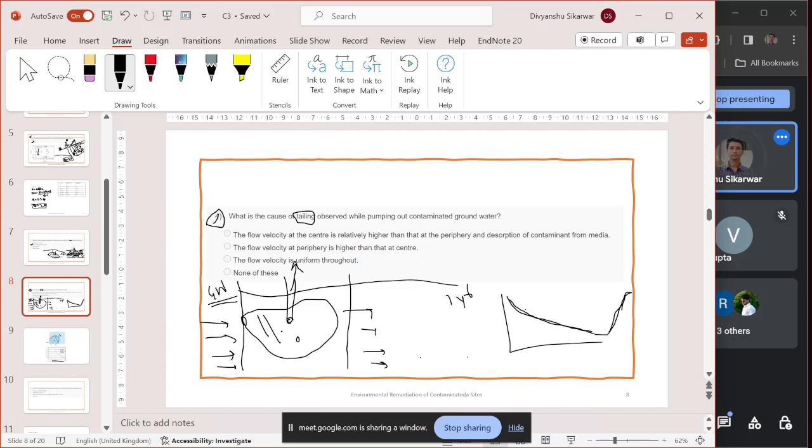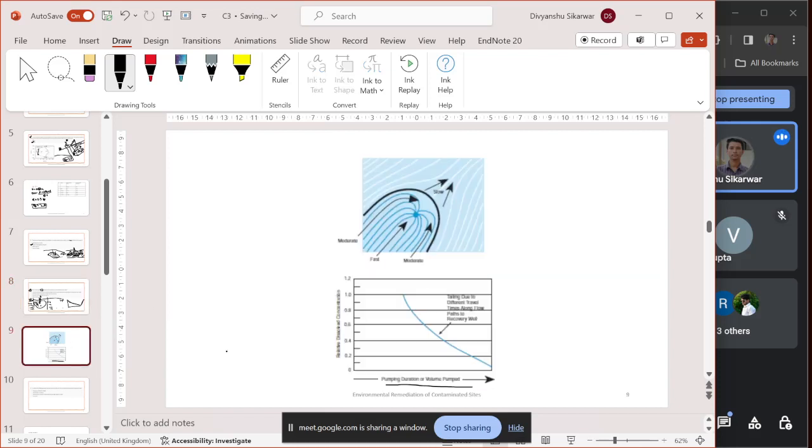If I build a well here, we can see in this diagram, I'm building a well here. This is the well. This is the influence zone.